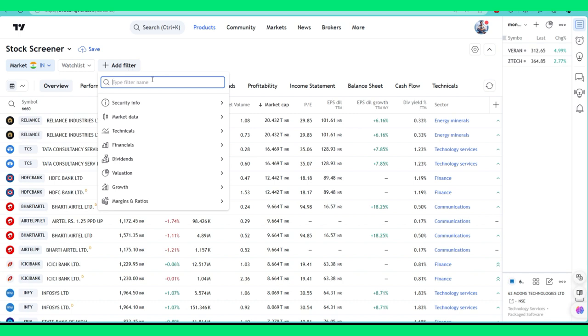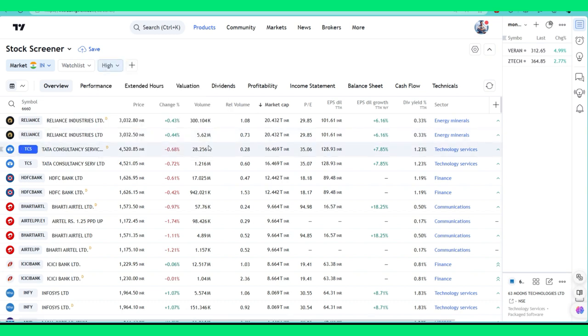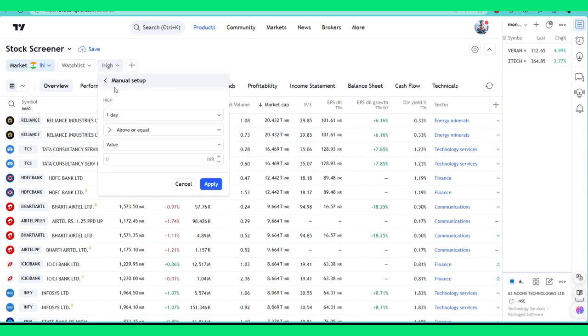So add filter. So what we need is high. First parameter, high of 1 day, a daily high. Click on manual setup, and 1 day daily high is above or equal to highest high 52 weeks.